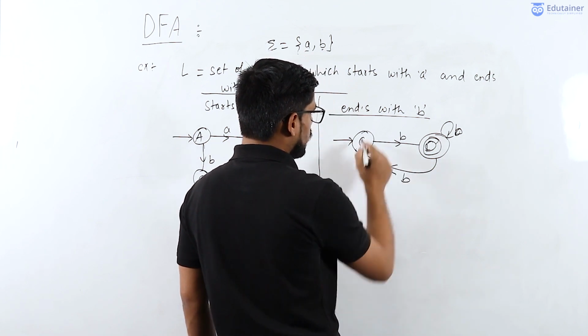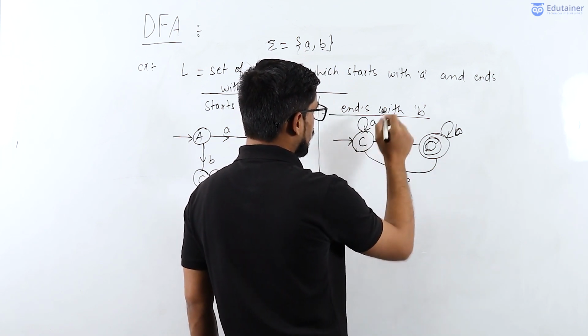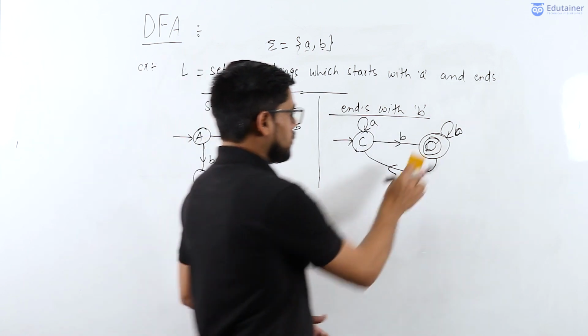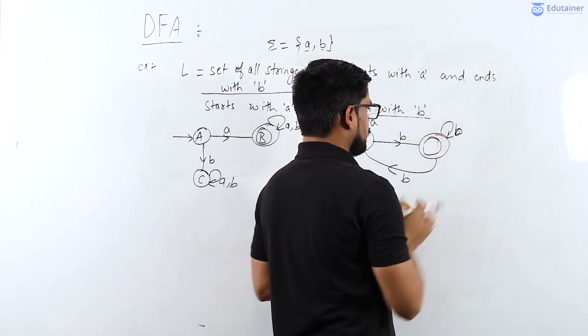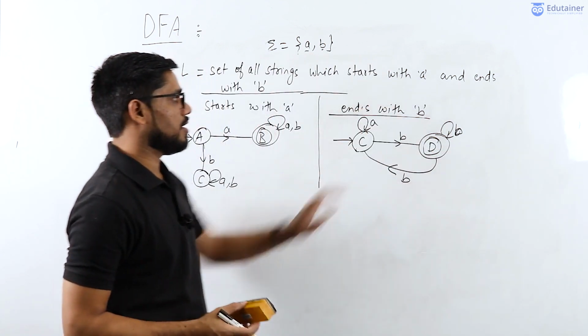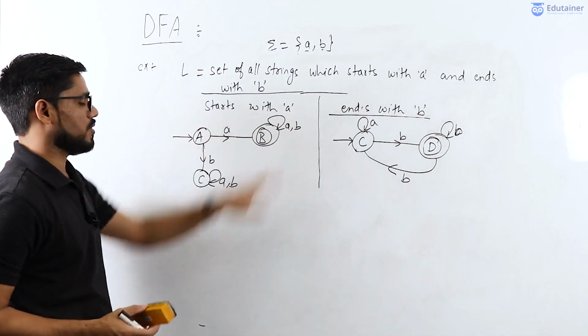And here also, if I see any number of A's, then I will simply accept it on the same state. Okay, this is state D. So this is the DFA for ends with B, and this is the DFA for starts with A.